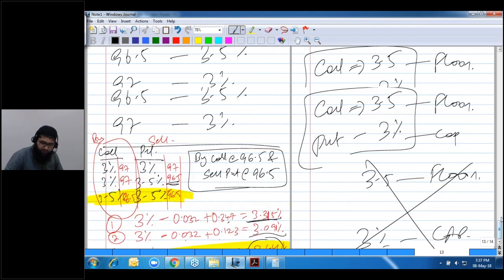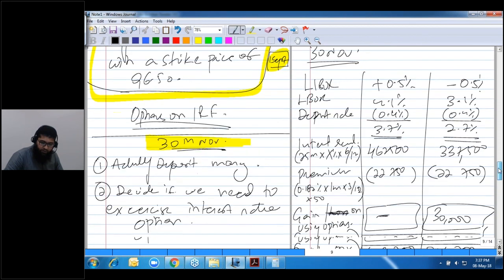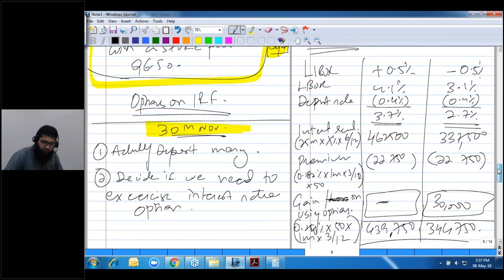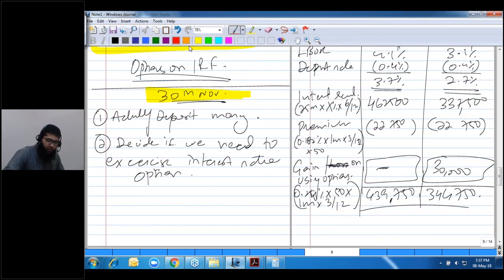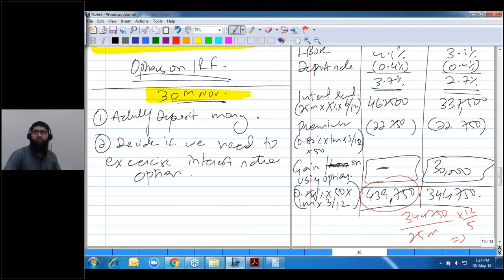If we go for the interest rate options, the rate that you are going to achieve is this: 344,750 divided by 25 million multiplied by 12 upon 5. So how much percentage is it?